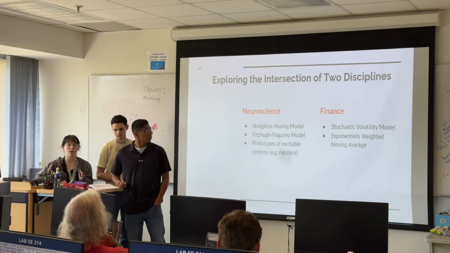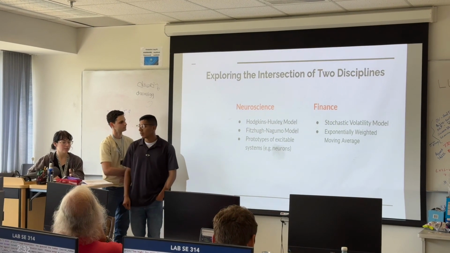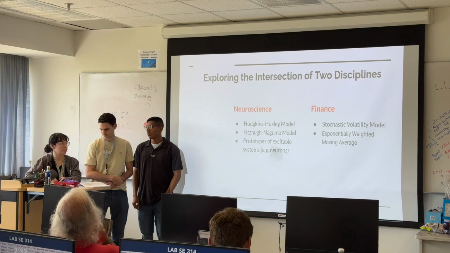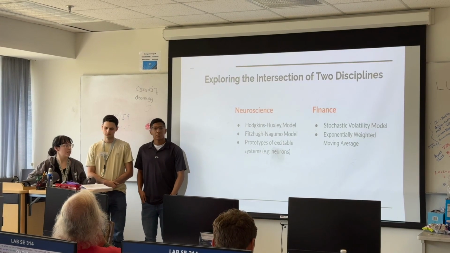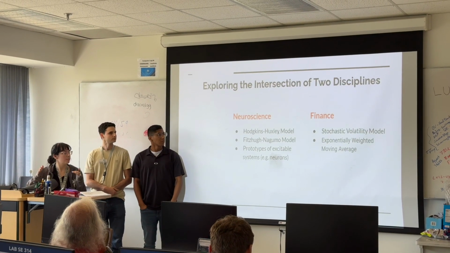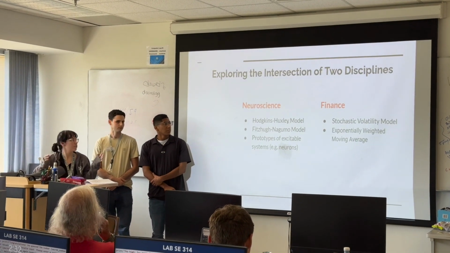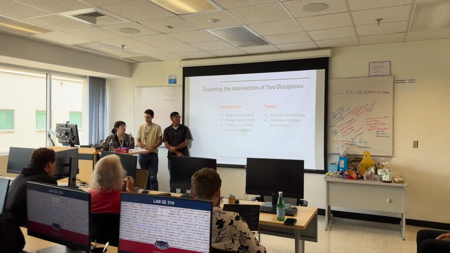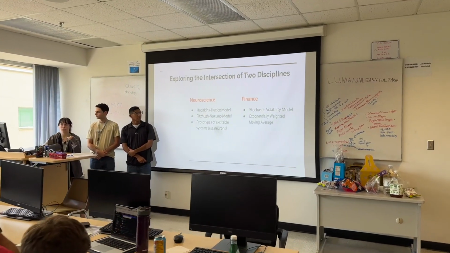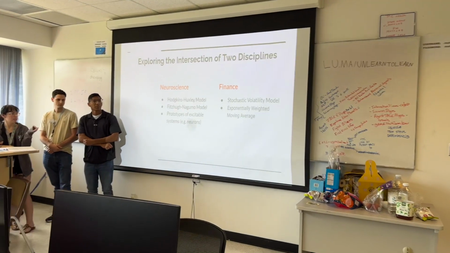So they are ways to describe the behavior of action potentials in neurons, but they can also be generalized, right? So Fitzhugh-Nagumo is a simplification of the Hodgkin's-Huxley, and so we used that to try and model systems of finance.